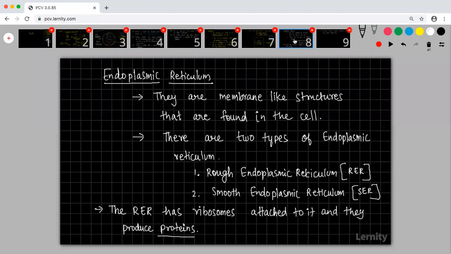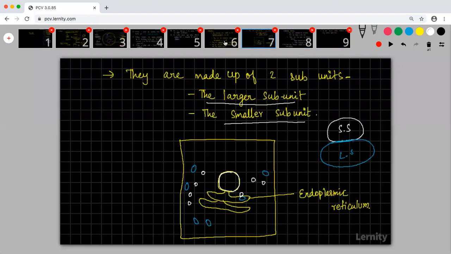So children, listen here. I'll just explain it using this diagram. Okay, so please understand, you have this rough endoplasmic reticulum, it will look like this. These are all membrane tubular structures that you'll be seeing throughout the cell. This is your endoplasmic reticulum. It is lots of membranes.